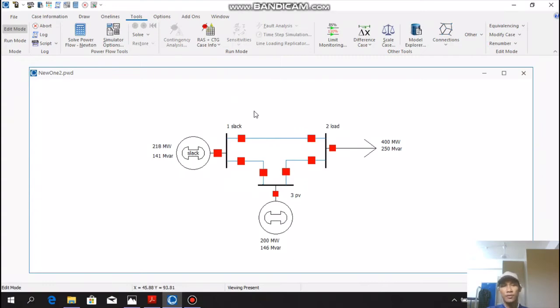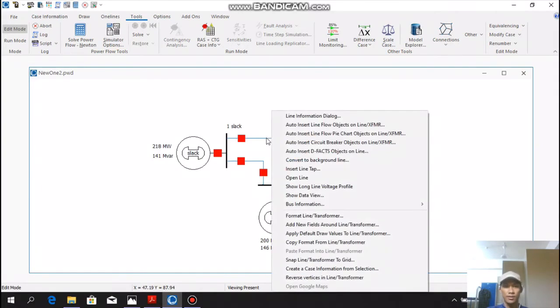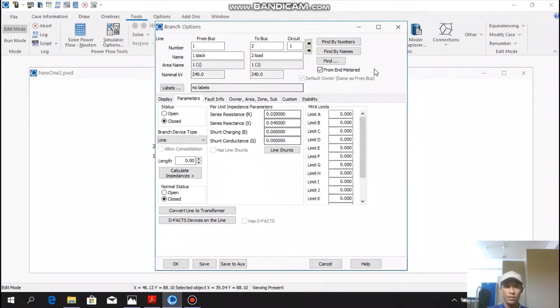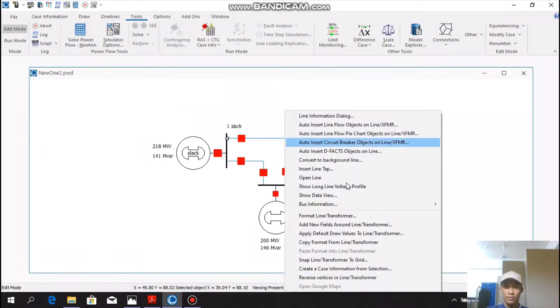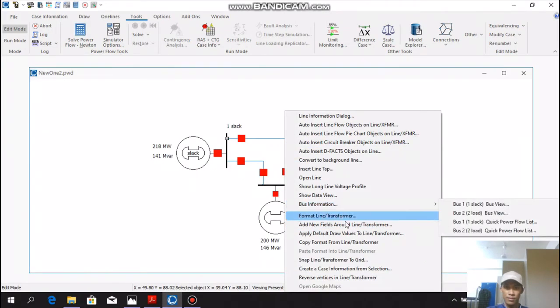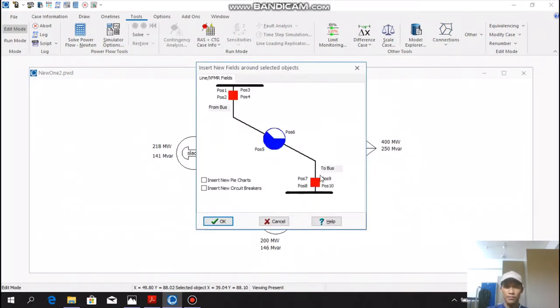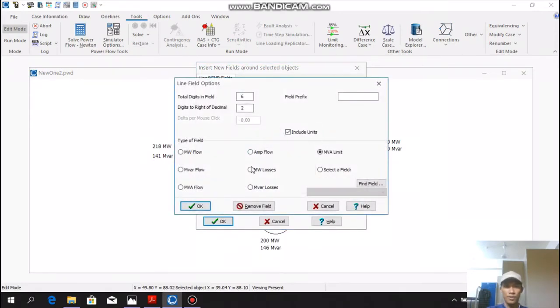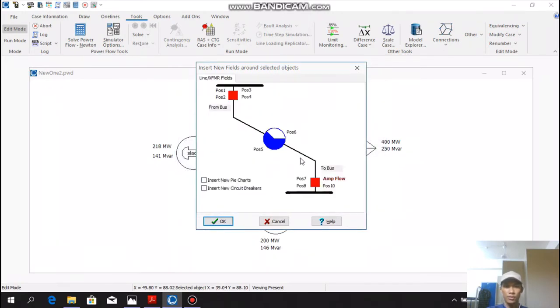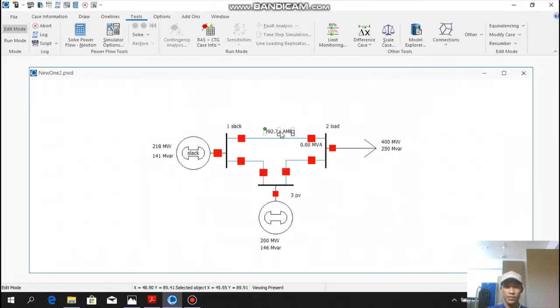So after that we will see the current flow. Current flow at transmission line, so we will know the current flow of the transmission line.